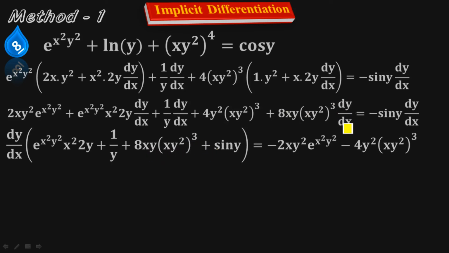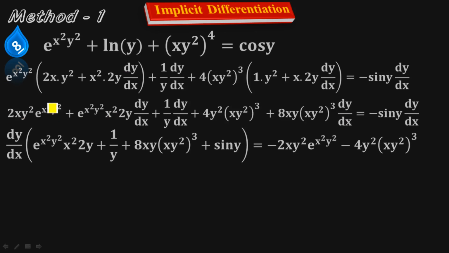When I took dy/dx common from here, I was left only with this part, which is 8x times y into (x times y squared) to the whole cube. Similarly, when I took dy/dx common from here, I was left only with sine y. Because we shifted this from the right side to the left side, its negative sign became positive. And then the rest of the terms you have to shift to the right side.